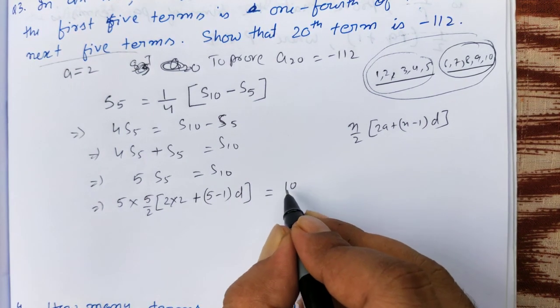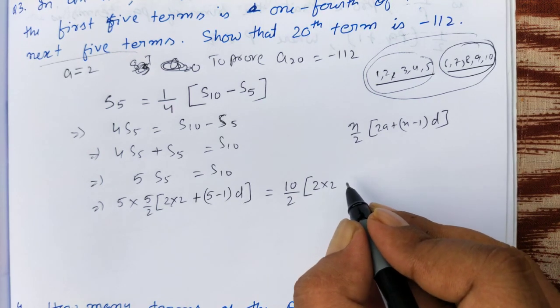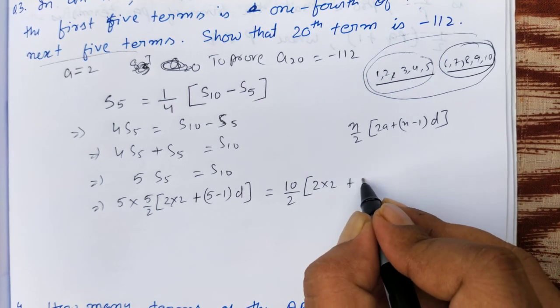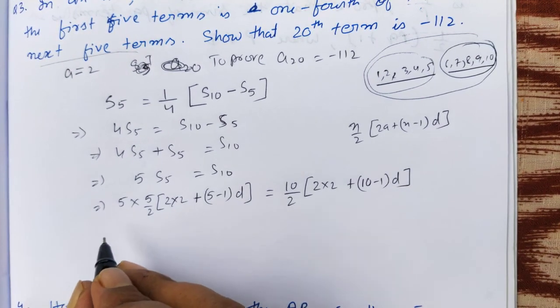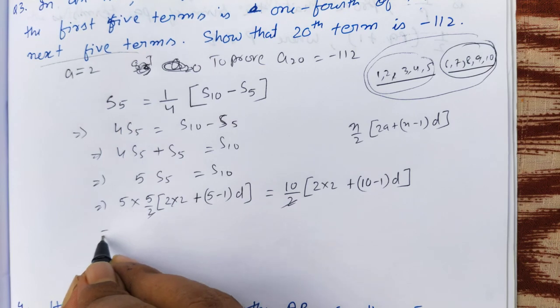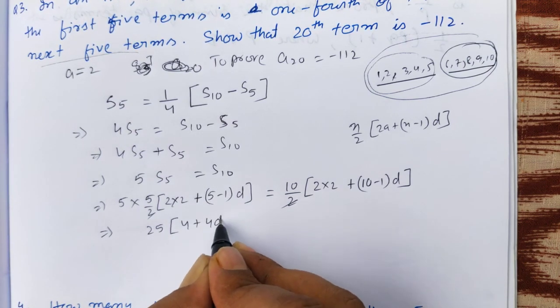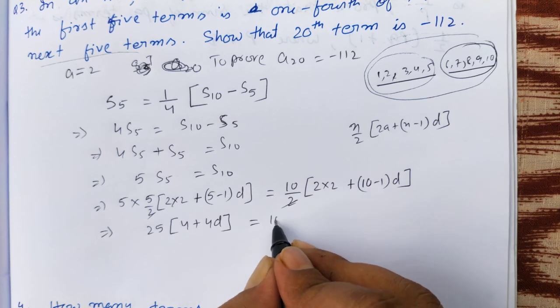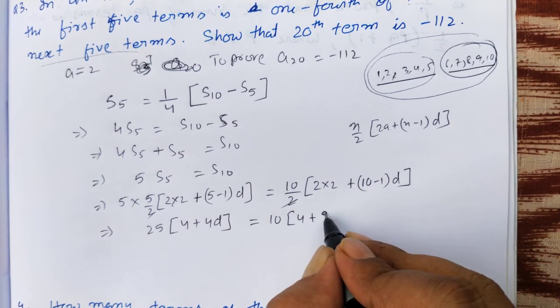And here, 10 by 2, 2a where a is 2, plus 10 minus 1 times d. On both sides the 2 is cancelled. We're getting 5 times (4 plus 4d) on this side, and 10 times (4 plus 9d) on the other.